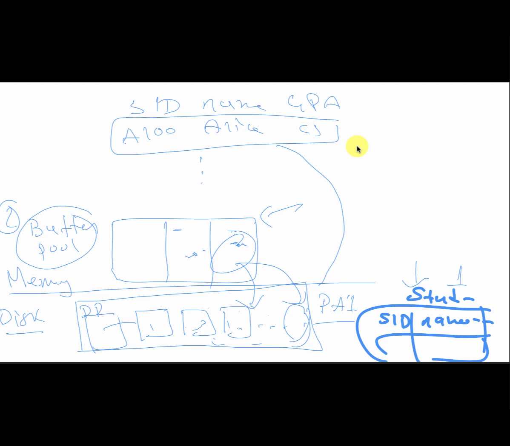For example, I'm going to assign 4 bytes to store the ID. Then for the name, assume that we have stored 10 bytes. Then for the GPA, I'm going to store 5 bytes, for example. So at the end, to keep it easy, we have 20 bytes to store each record.